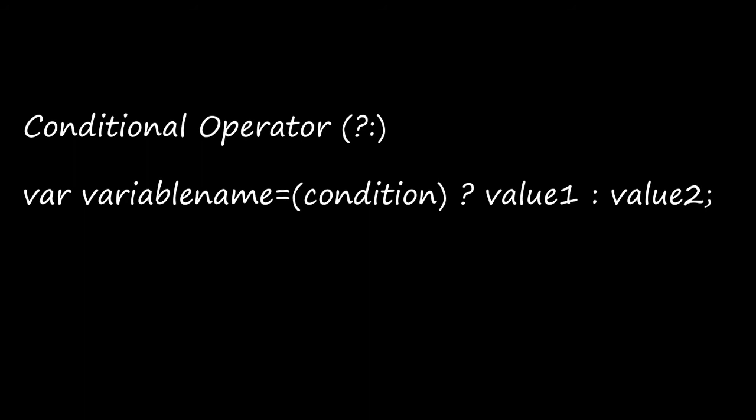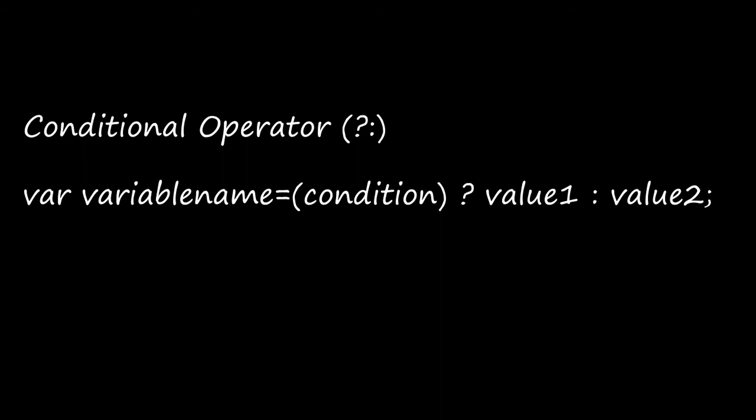Okay, let's see the syntax for this conditional operator. In conditional operator, we saw that question mark and colon is the operator. So here we'll be using question mark and colon, right? Variable, that is var, and you have to give a variable name is equal to, first you have to mention the condition. Inside the bracket you have to give the condition, question mark.